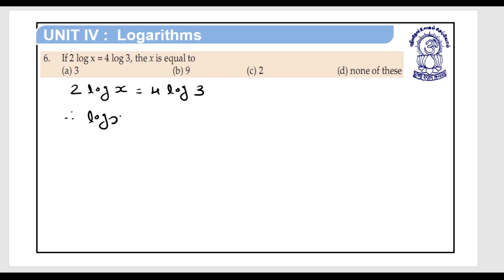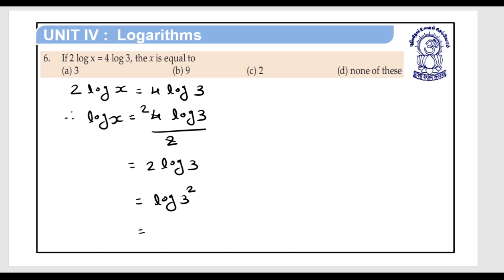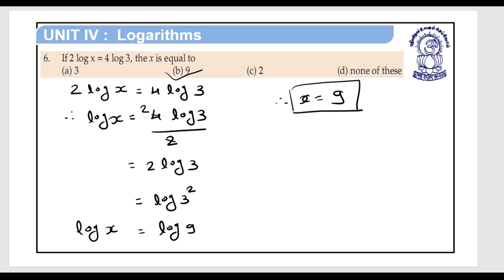So log x is equal to 4 log 3 divided by 2, which is 2 log 3. We can write this as log 3 square. So log x is equal to log 9, since 3 square is 9. Log cancels, so x is equal to 9. So the answer is B.